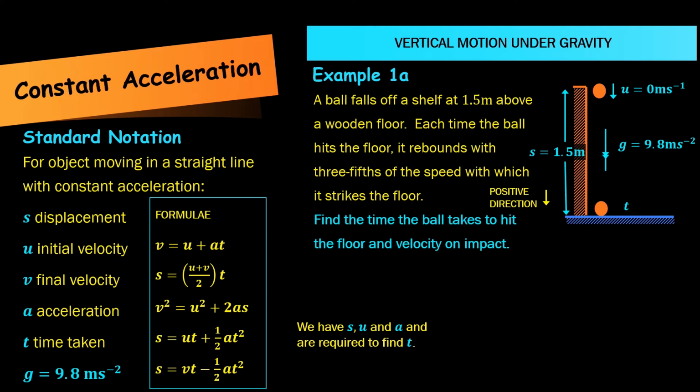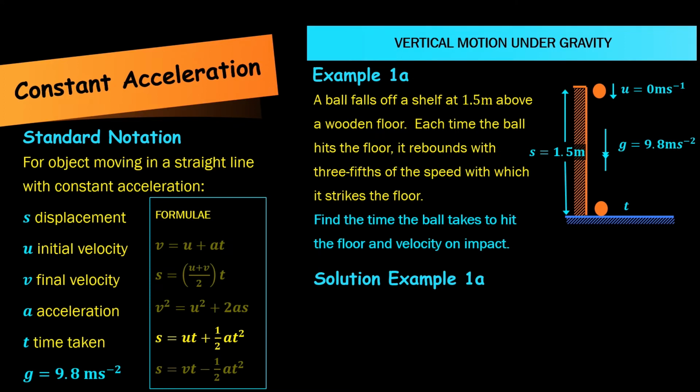In other words, we have s, u and a, and we are required to find t. So we are going to use this equation, s equals ut plus a half at squared, because it includes all of these letters. So let's solve this. We're going to substitute in all the values into this equation.